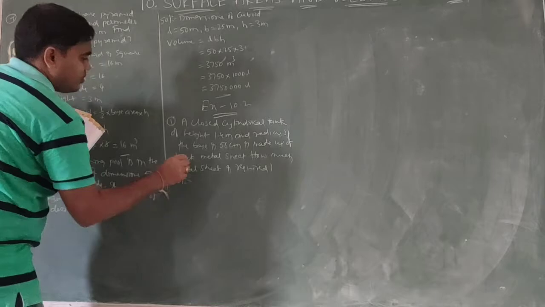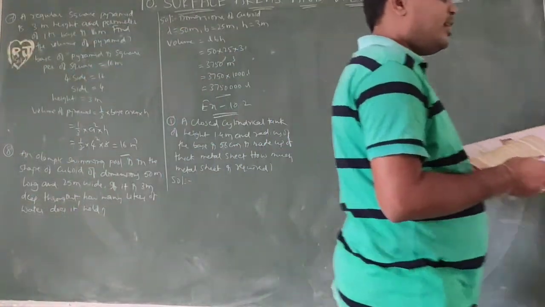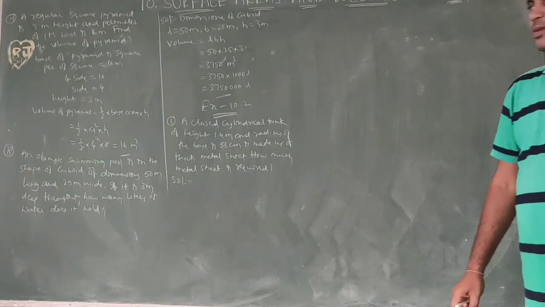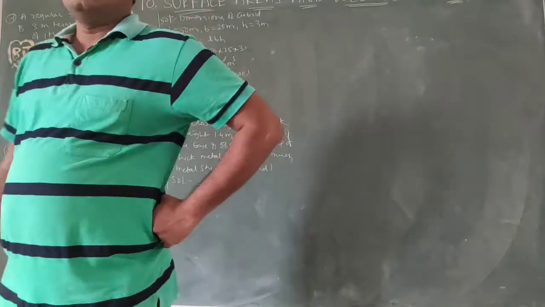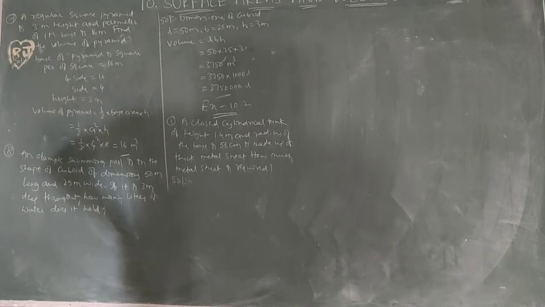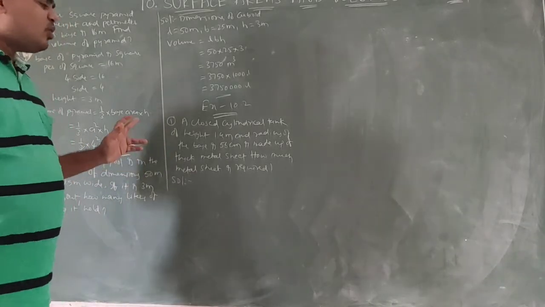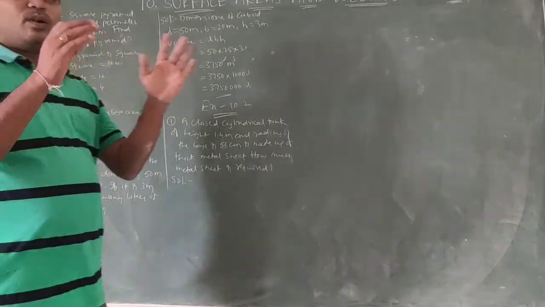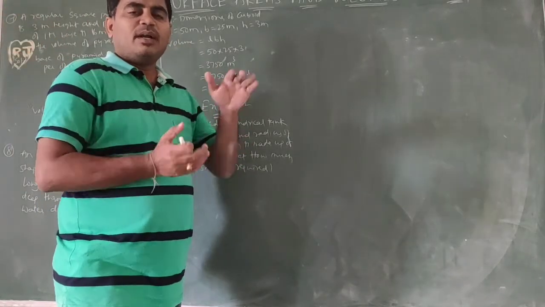Solution. A closed cylindrical tank of height. Height is given, and radius is given. We need to find the area. If it is open, we need to find the lateral surface area, which would be enough, but it is closed.